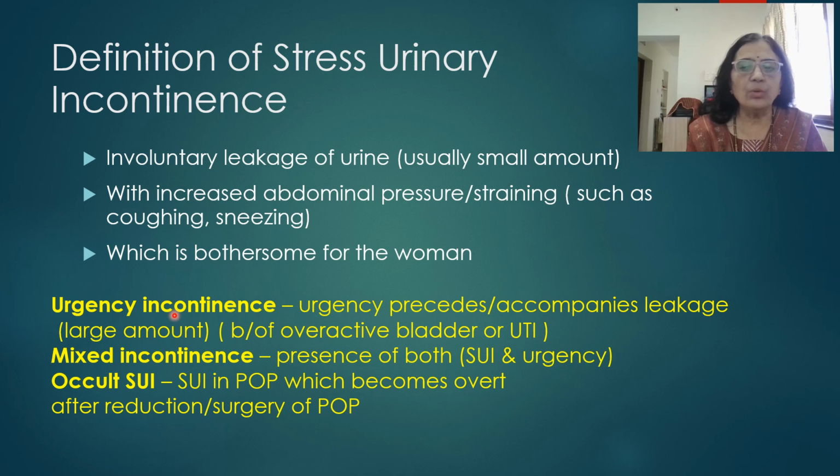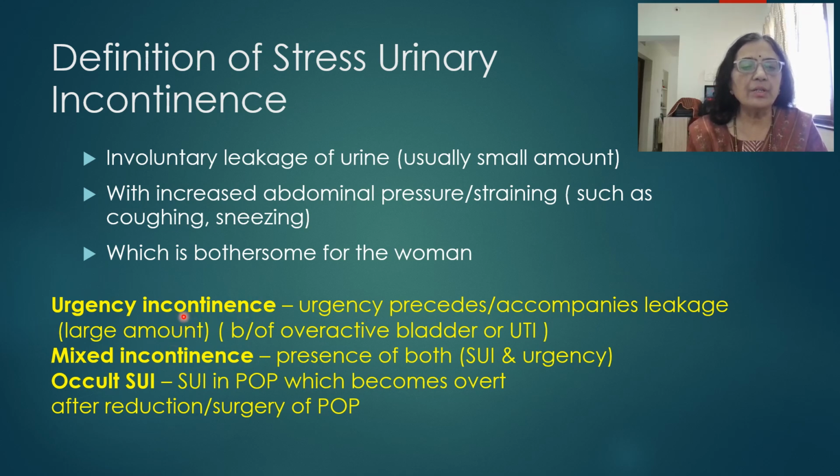On the other hand, a close differential diagnosis of stress urinary incontinence is urgency incontinence, where there is an urgency. Desire to pass urine immediately is urgency. So this urgency precedes or accompanies leakage. That is how by history only we can differentiate between these two, that is stress and urgency incontinence.